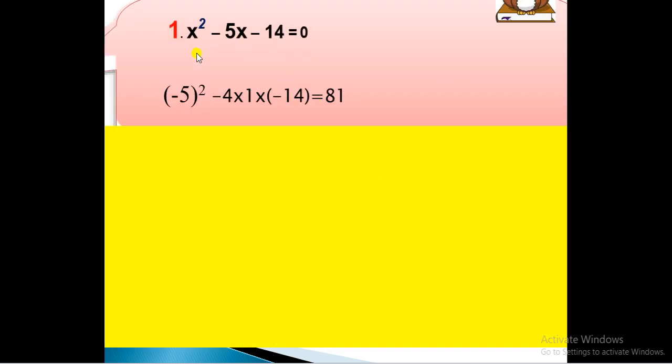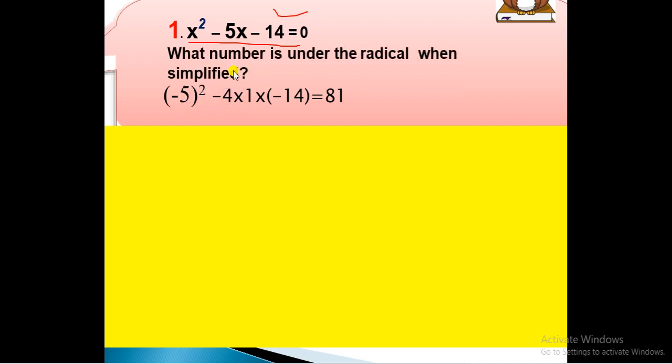Let us take the first example question. x square minus 5x minus 14 equals to 0. So what we will do, I said, first of all arrange in the standard form. Already the equation is in the standard form. Next we have to find what number is under the radical when simplified. So under the radical what do we have? D. So we have to find out the value of D. How to find it out? Using the equation D is equal to b square minus 4ac.